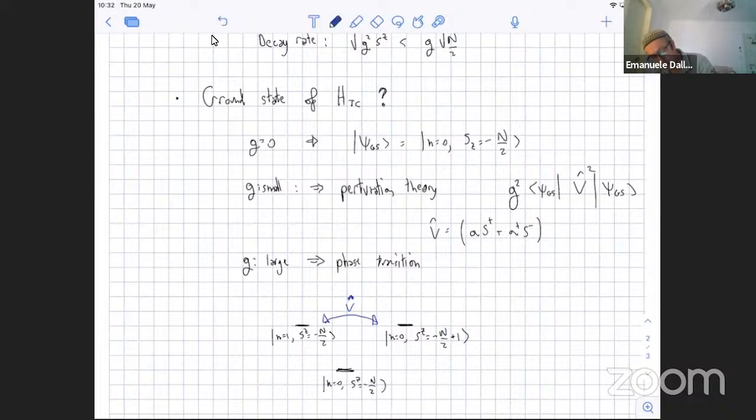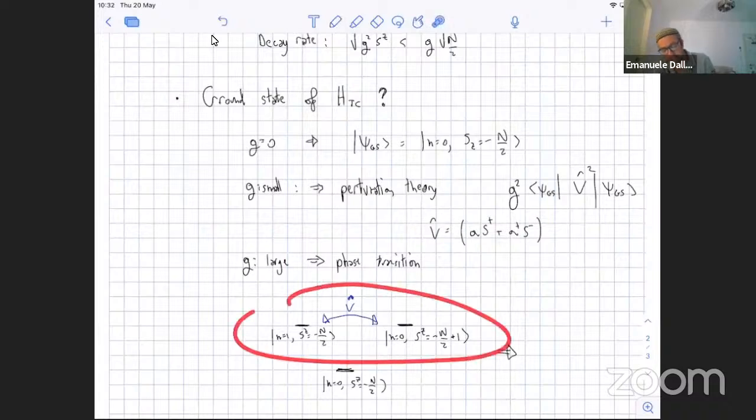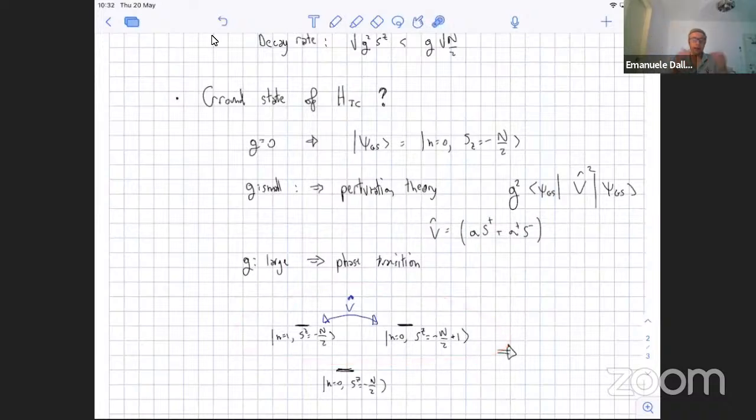When you have such a situation, what you need to do is basically to diagonalize. There is this simple manifold of two states that is coupled by V, and you need to diagonalize it together. So the two new eigenstates are basically split. You have this phenomenon whenever you couple two levels that are at the same energy: any coupling will shift them. You create new eigenstates with the superposition of the two states, one with a plus and one with a minus, with either a little bit higher or a little bit lower energy.